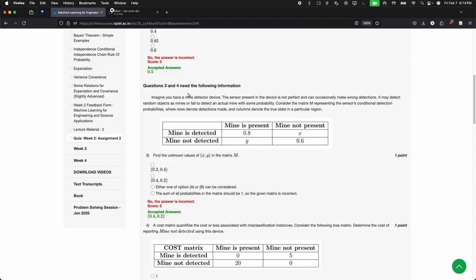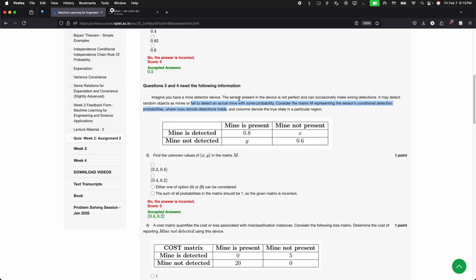Occasionally it may detect some random objects or fail to detect an actual mine. These are conditional detection probabilities, where rows detect columns' state. Okay, so see what the rows are detecting. These rows are saying whether it is present or not, while these columns denote the real state. So what is the probability we will write?